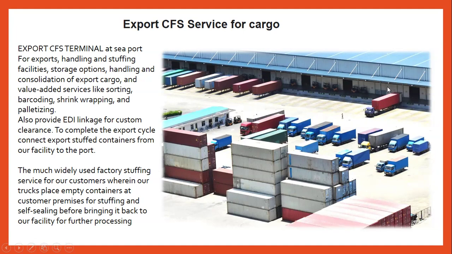Here the cargo can be stuffed in a container, because you can see this is the container. These containers need a space to stuff cargo, like a dock or ramp. This ramp is needed in the factory. If not available, then this container cannot be placed in the factory. So this container will be loaded in the CFS. The CFS will provide this facility.